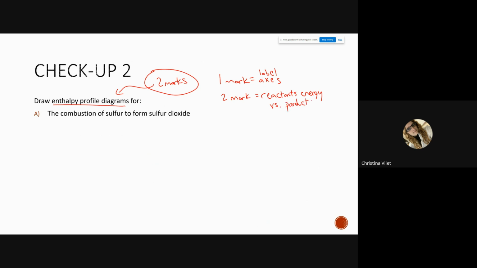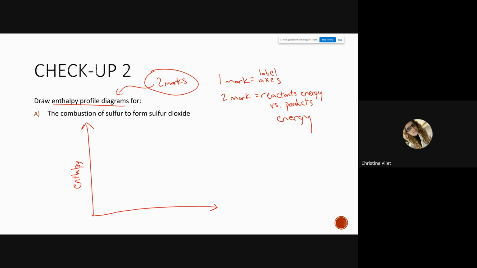So let's take a look at how we will do this. So then are we supposed to memorize our axes for this enthalpy profile diagram? And the lab, it could show up in the lab. If it doesn't show up in the lecture part, like paper 1, paper 2, it could show up in paper 3. So what are my axes? They're always the same. Enthalpy, progress of reaction. Would Cambridge accept energy?